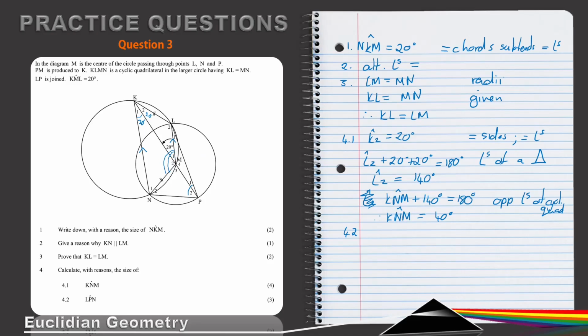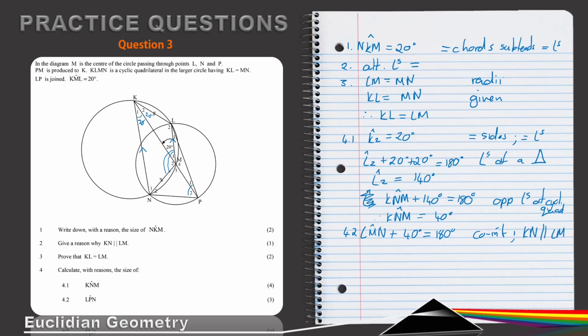Okay, and this is the theorem that states that the angle at the center is twice the angle at the circumference. So let's start off by finding LMN. So we can say that LMN plus the angle KNM, or N1 for that matter, plus 40 is equal to 180, because they are co-interior angles, whereas we had to give a reason why KN is parallel to LM.